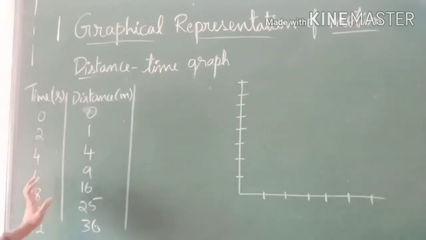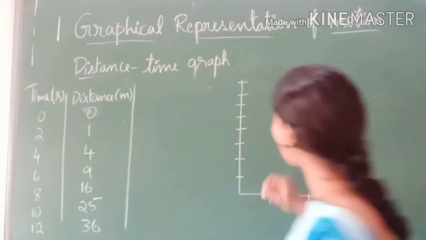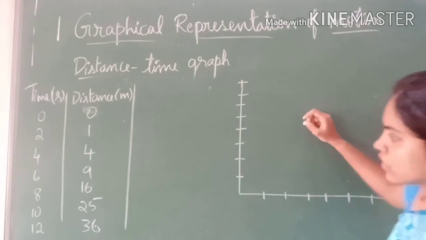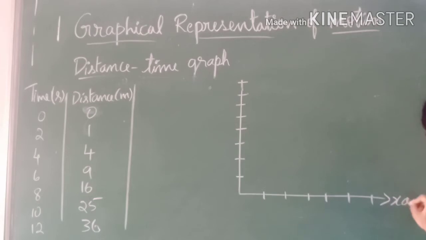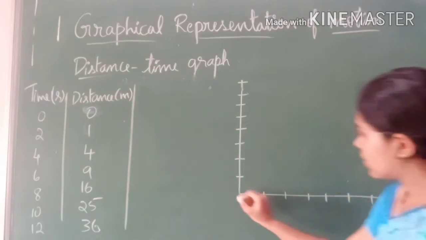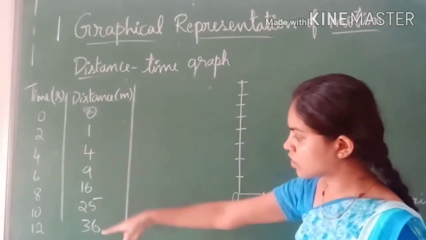They have given the data here, time in second and distance in meter. So the motion of the object is given in the tabular column. I am going to represent it in the graphical method. This time I will take it along the x-axis. I will take the points beginning from 0 to 12.